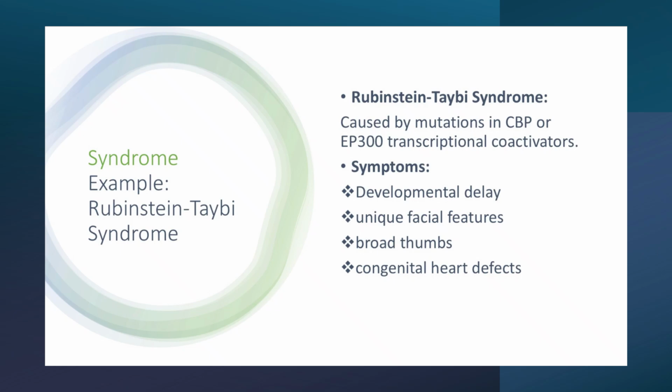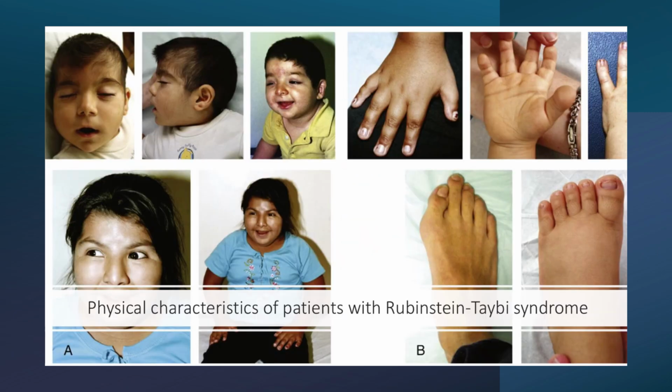Rubinstein-Taybi syndrome, a pleiotropic syndrome, is caused by mutations in transcriptional coactivators like CBP or EP300. The syndrome manifests as developmental delay, distinctive facial features, and broad thumbs, showing how one gene can have widespread effects on the body. Here are some images of the different physical characteristics of Rubinstein-Taybi syndrome.